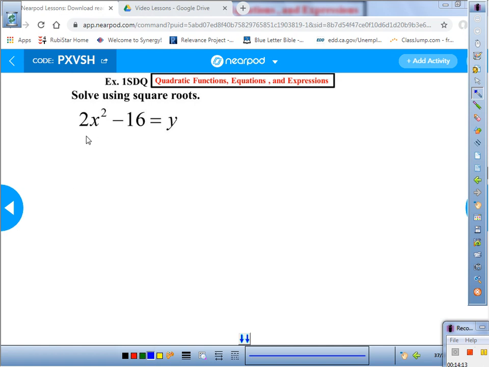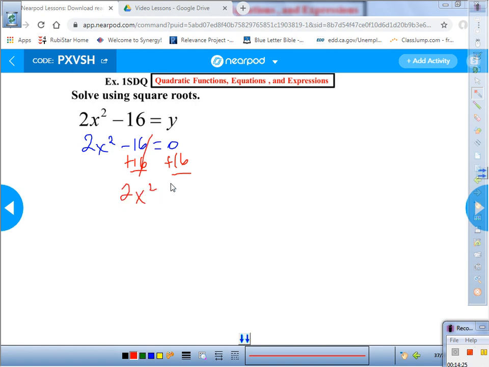Step 1, change y to 0. Step 2, isolate the variable. Plus 16 plus 16, 2x squared equals 16. Still not isolated. Divide by 2. X squared equals 8. And last step, square root, x equals plus minus square root of 8.